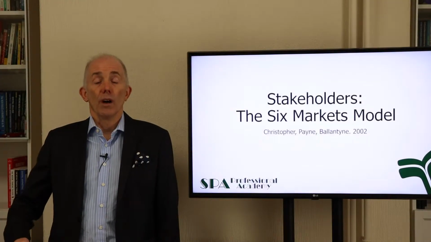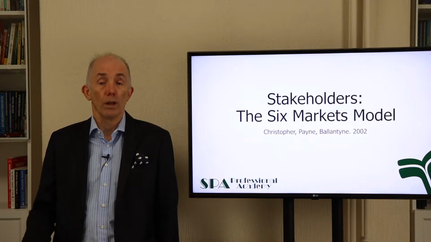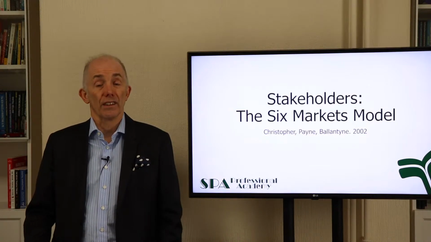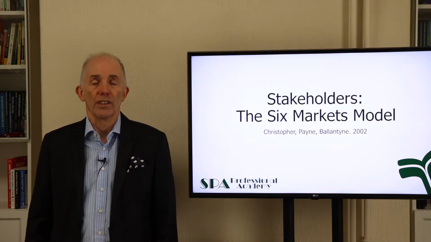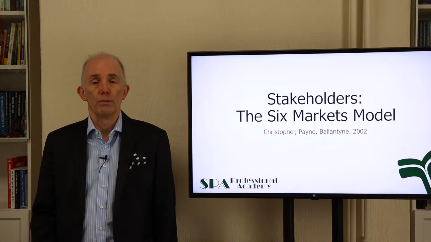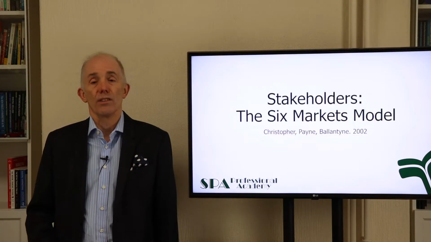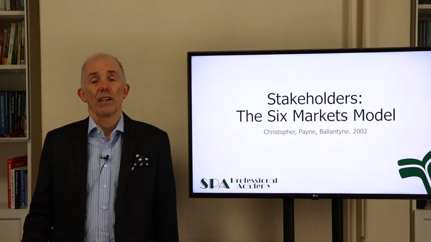In this video, I want to talk to you about a really useful model for helping to understand the stakeholders of an organisation. It's about understanding the customer groups and the wider stakeholders that organisations need to interact with.